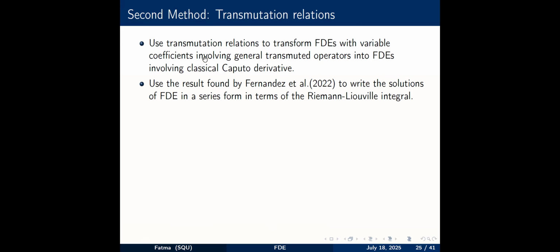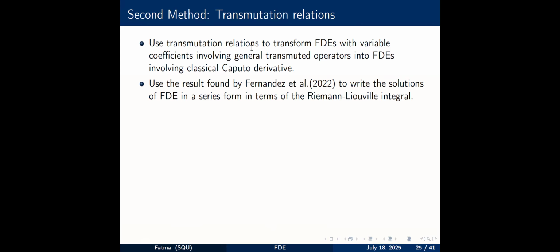By using the method, we are going to transform our equation, which involves variable coefficients. For this problem, I'm going to consider the weighted fractional derivative with respect to a function. Using the relation, we convert it to a fractional differential equation involving the classical Caputo derivative.